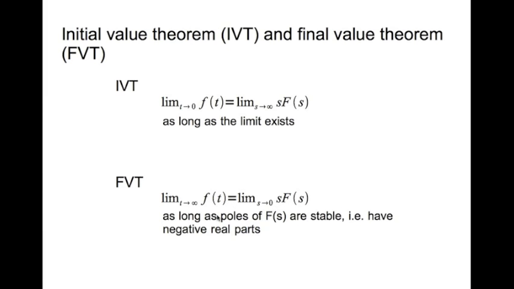Now you have to be very careful when you apply this. This limit exists only as long as capital F(s) is stable, i.e., as long as all the poles of capital F(s) are in the left half of the complex plane.